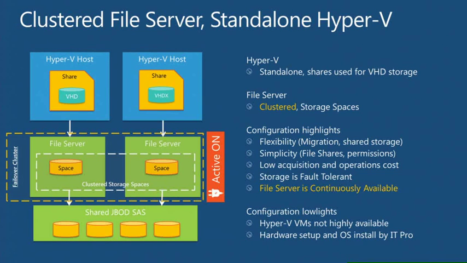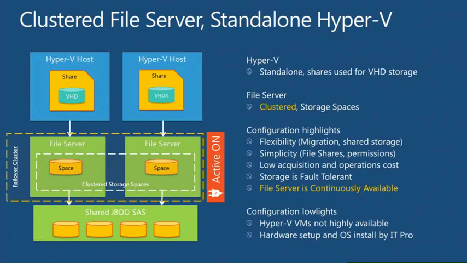In that case, you're not using parity. You must use mirror spaces. Okay? Parity is not supported in a cluster. So you're going to actually cluster the file server. And in that case, I would highly recommend the scale-out file server so that you can see all the spaces from all nodes. And both servers can provide service to your Hyper-V hosts.